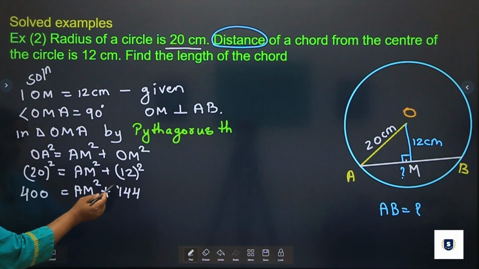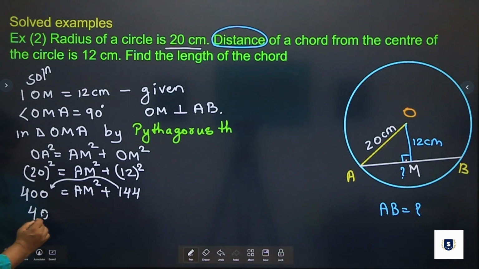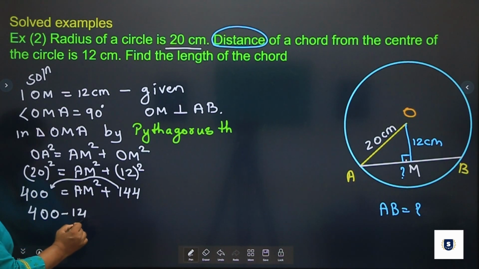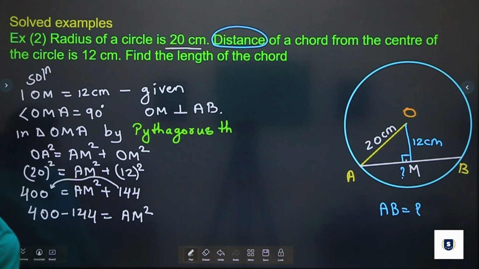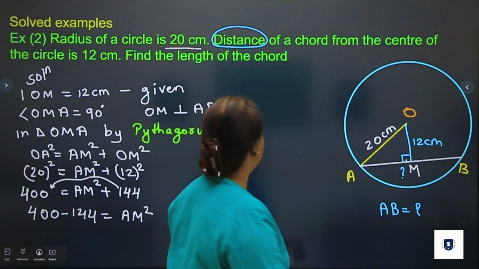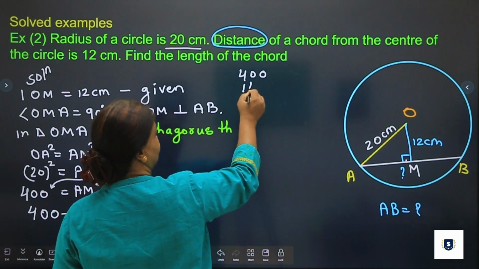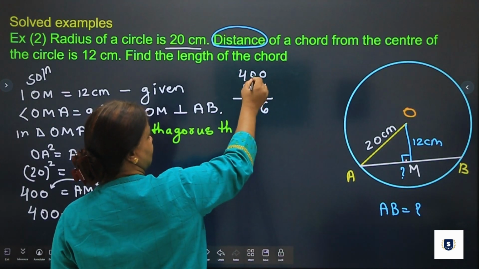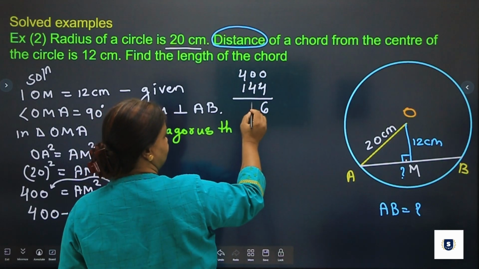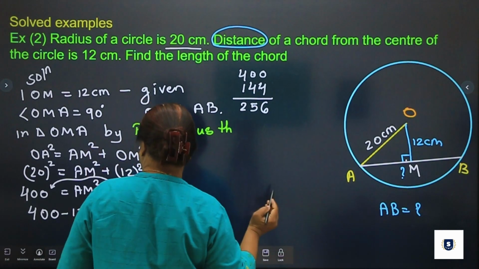Now 144 will come this side and will get subtracted. 400 minus 144 is equal to AM square. Let us do 400 minus 144. 10 minus 4 is 6. 9 minus 4 is 5. 3 minus 1 is 2, 256.